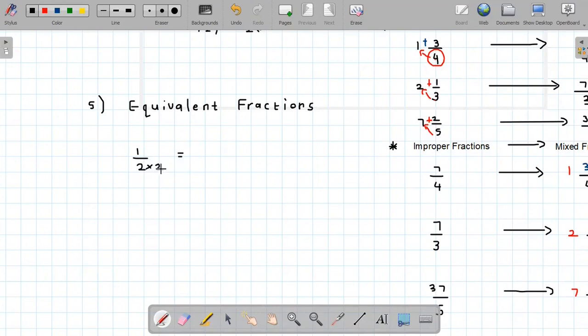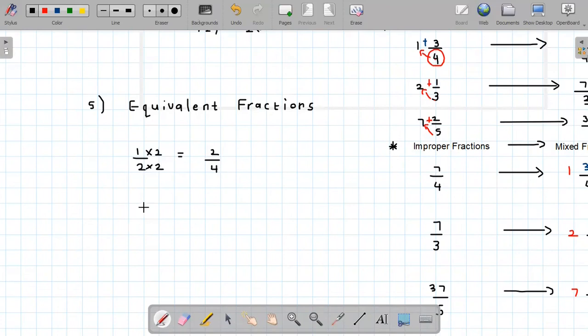I'm going to multiply both the numerator and the denominator by 2. Then I get 2 into 1, 2, 2 into 2, 4. So for the given fraction 1 over 2, the equivalent fraction is 2 over 4.